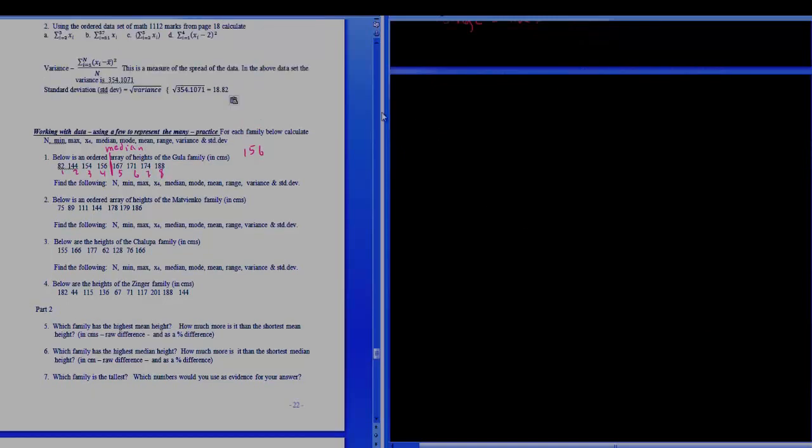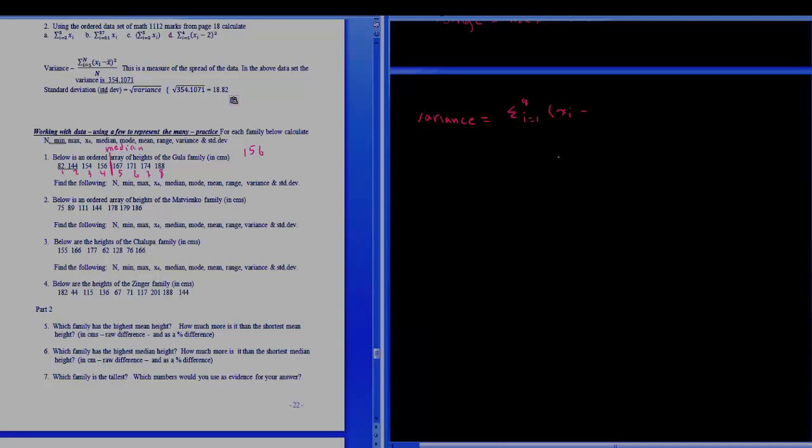What I've done is I've taken the formulas for standard deviation and variance, and I've put them into this area just above the question that we're doing, because this will be a little bit more complicated. So first of all, we want to look at the variance. So the variance equals the sum of i equals 1 to 8 of xi minus x bar, squared, divided by n, which in this case is 8.